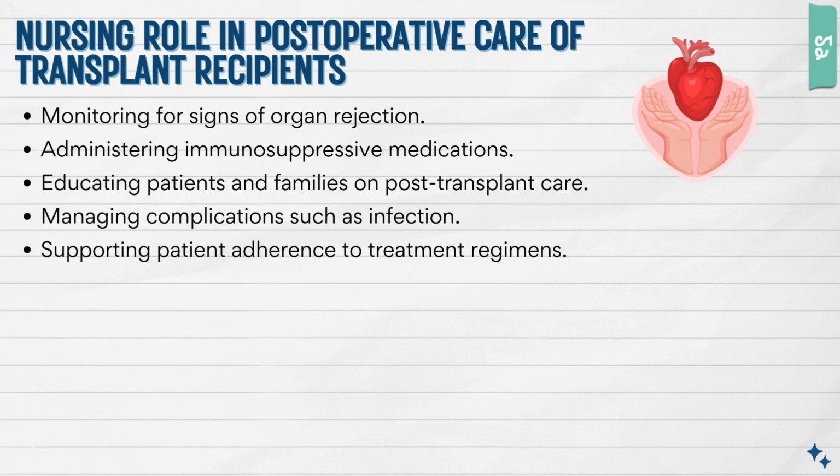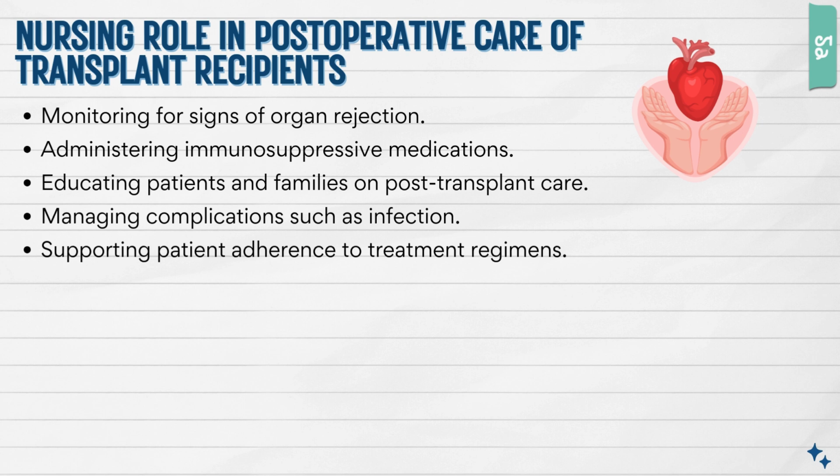So post-operative care is really, really important in the post-transplant process. Okay. So nurses are essential in ensuring the stability and the long-term success of the transplanted organ. One of our primary responsibilities is going to be monitoring for signs and symptoms of organ rejection. So what are those?